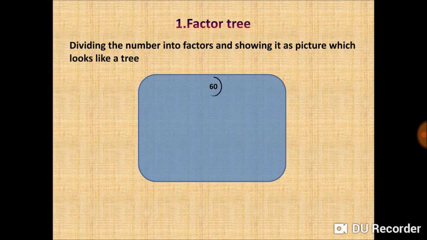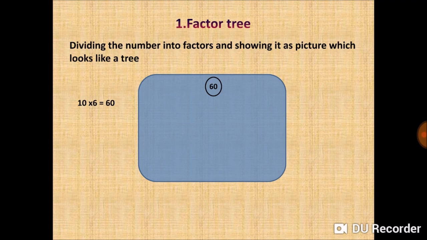We divide 60 into 10 and 6. 10 multiplied by 6 is equal to 60, means now I am dividing 60 into 2 factors, that is 10 and 6. You can choose any two numbers. I chose 10 and 6, the first two factors.